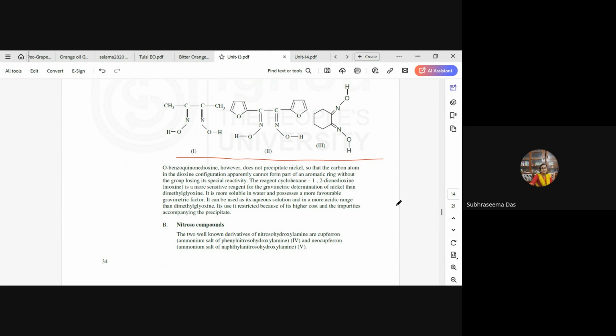It is because the cyclohexane 1,2 dioxime reagent is very expensive, and there are certain impurities that follow after the precipitation process. That is why for nickel determination, DMG, that is dimethyl glyoxime, is mostly preferred.